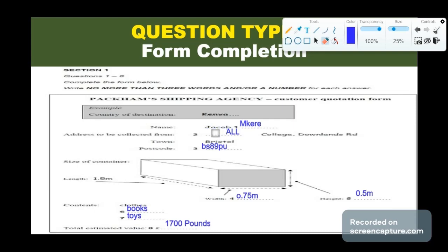Let me see if I can erase this. Okay. And then rewrite. Okay. So there's always room for making changes. And actually, you can always make changes in every exam.